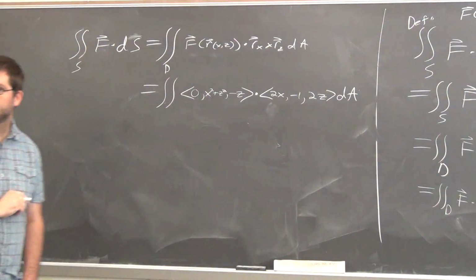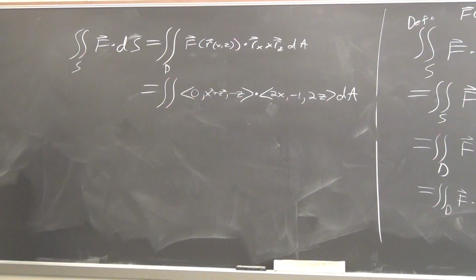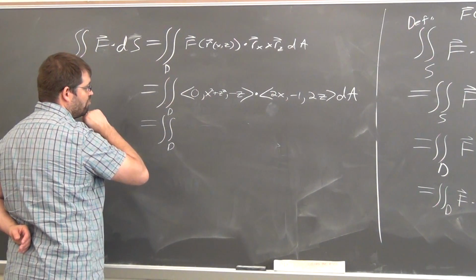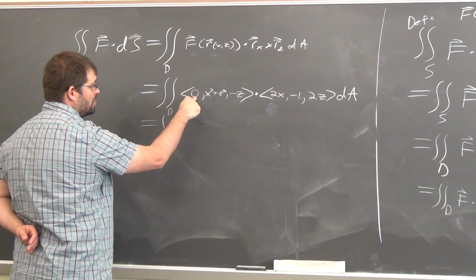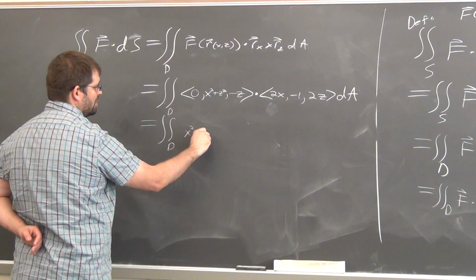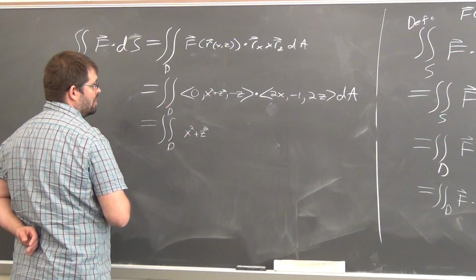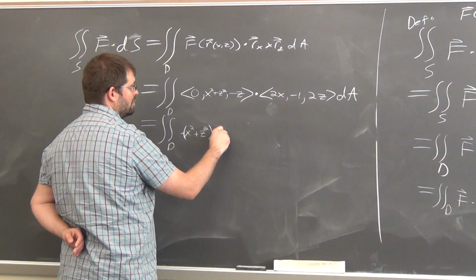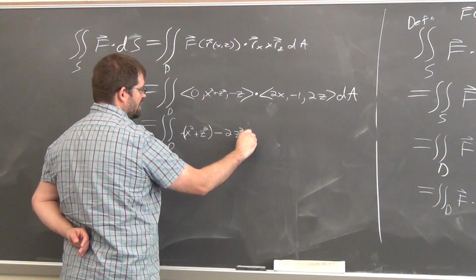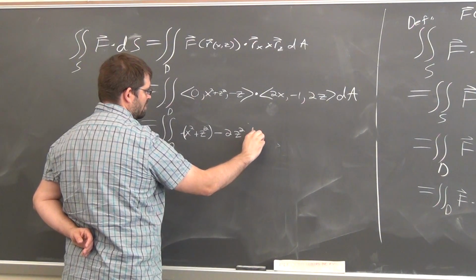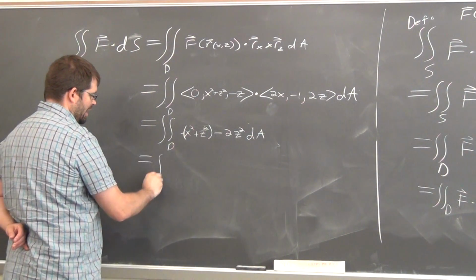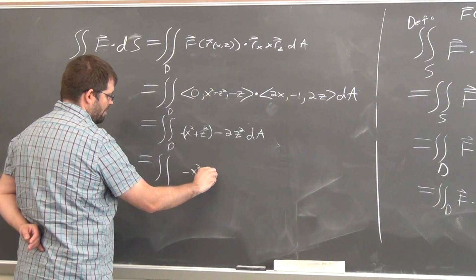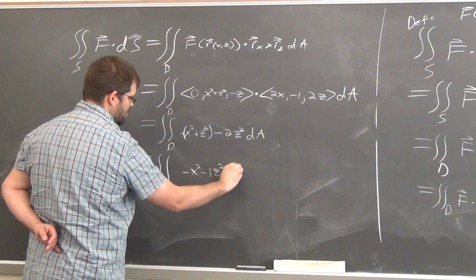Does that make sense? And so what do we end up with here? 0, then negative x squared plus z squared, minus 2z squared, dz. So we end up with negative x squared minus 2z squared.